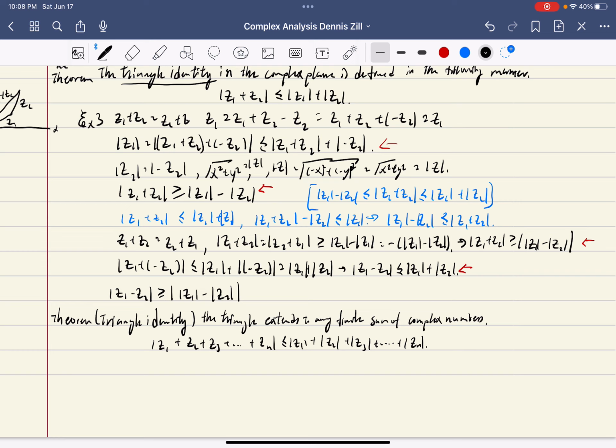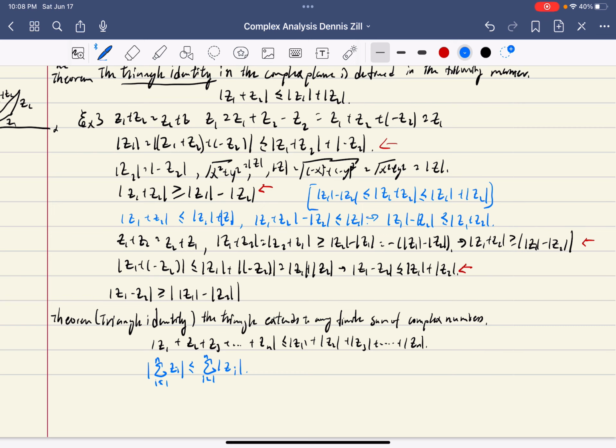Now, well, we can write this as the absolute value of a finite sum, i equals 1 to n of zi, is less than or equal to, if we put the absolute value in, the sum of the modulus of zi.